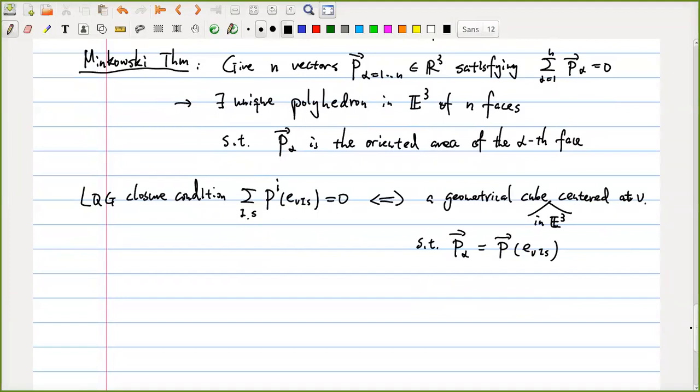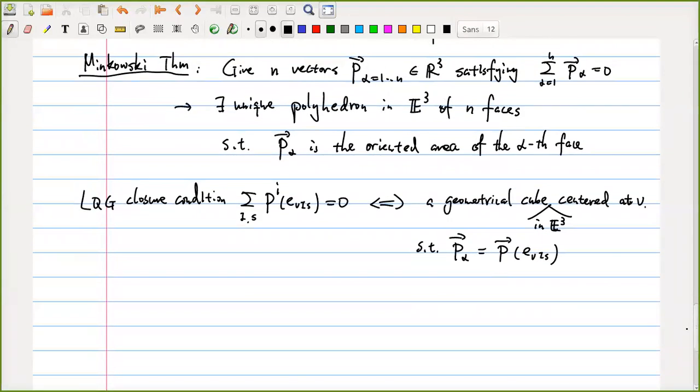This is the classical geometrical interpretation of the closure condition, or discretized Gauss constraint.